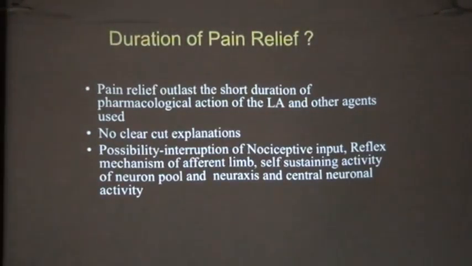The local anesthetic has an action of only 3-4 hours, so the patient may have the pain later on. As for the steroid, nobody actually knows; it is still unknown how the steroid works. It is only a possibility that it interrupts nociceptive input or the reflex mechanism of the afferent limb or self-sustaining activity of the neuronal pool, and the steroid acts like this.